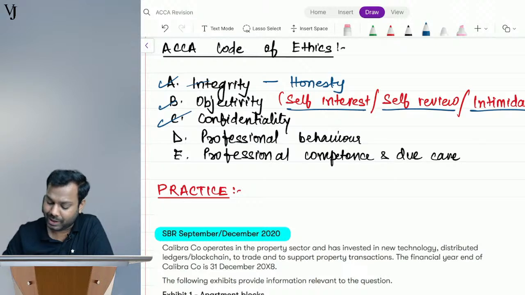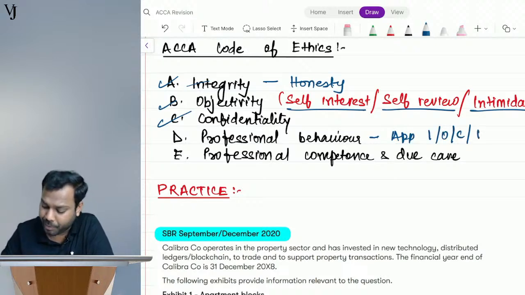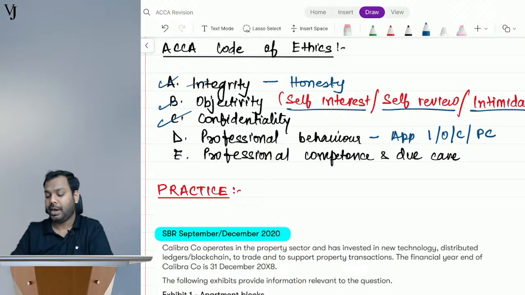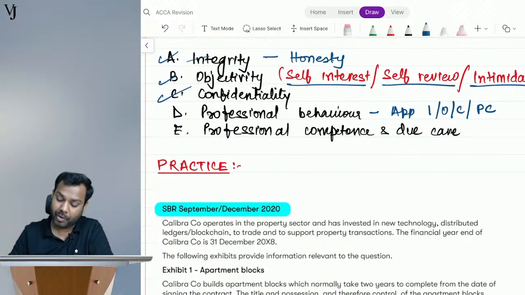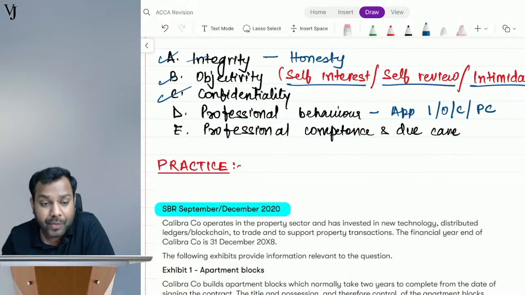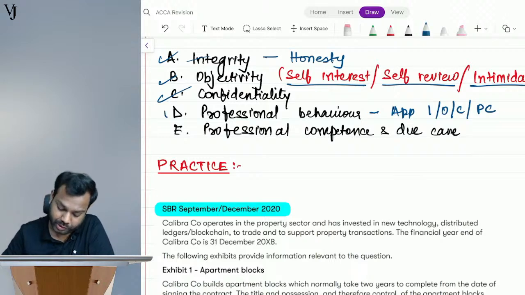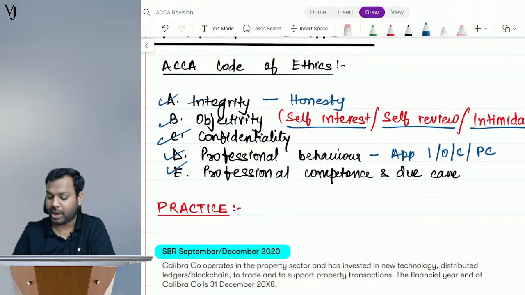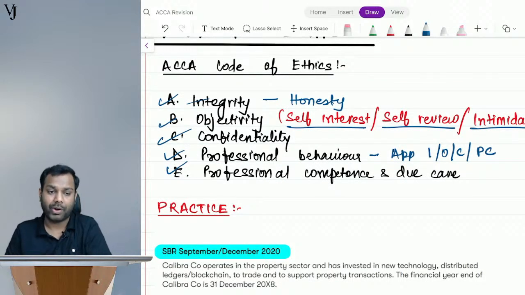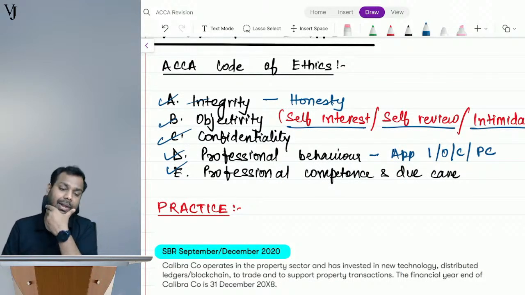Professional behavior itself doesn't have any value; it means applying integrity, objectivity, confidentiality and professional competence. Professional competence means you do have the competence for the work that you are doing. So this is the meaning of these 5. I believe you are clear on what the ACCA Code of Ethics says.